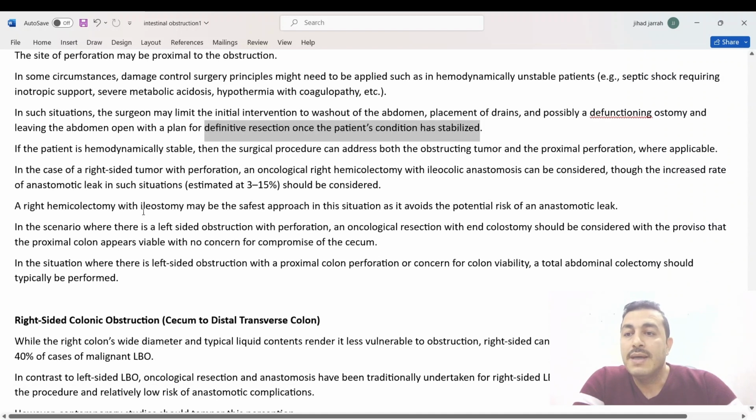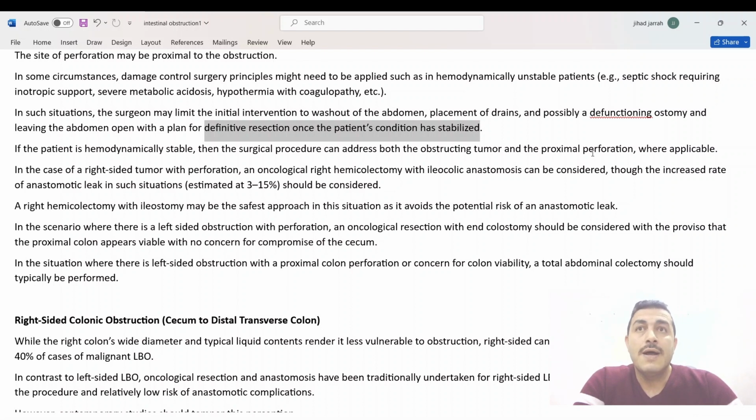So we can proceed to damage control surgery, just bringing a stoma, putting a drain, washing, and even not closing the abdomen. If the patient is hemodynamically stable, then the surgical procedure can address both the obstructing tumor and the proximal perforation. So it's not just where the tumor is, it's also if there is proximal dilatation, proximal perforation, or ischemia proximal to the site of the tumor.